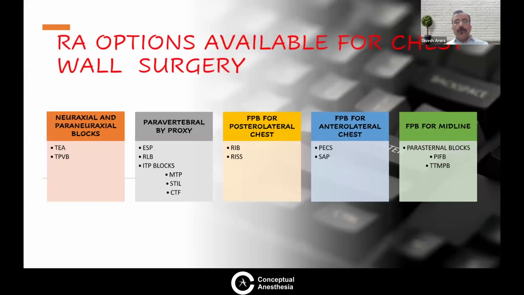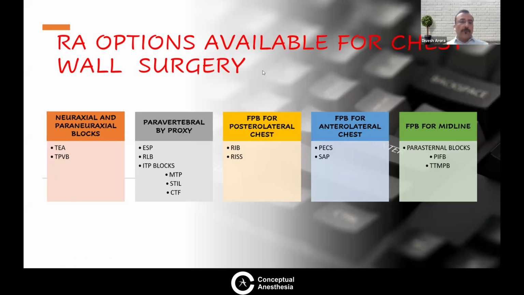Now, up till now, what we have studied is the innervation of the chest wall. The next important aspect is to discuss the various regional anesthesia and analgesia options which are available in the armamentarium of anesthesiologists for chest wall surgery.